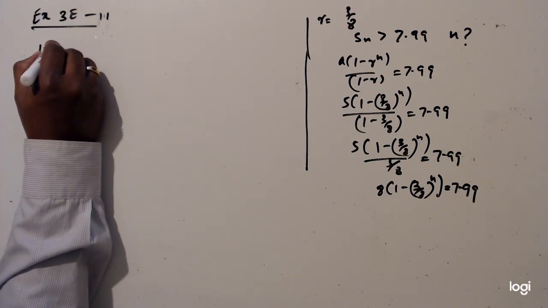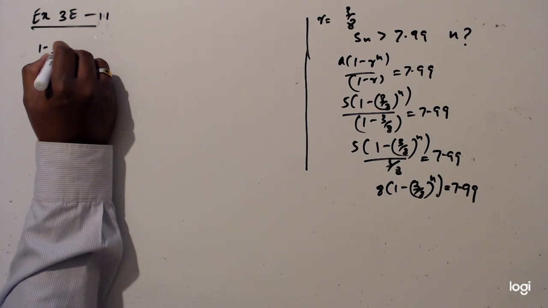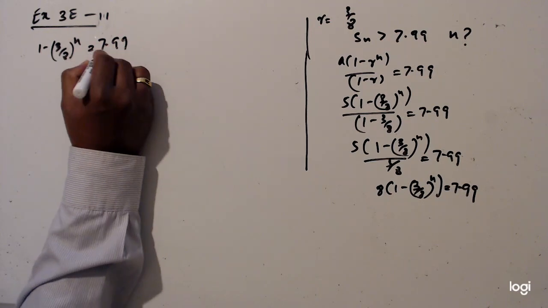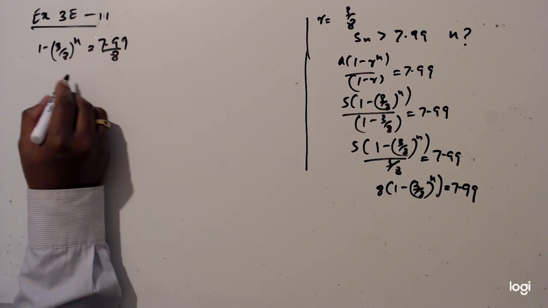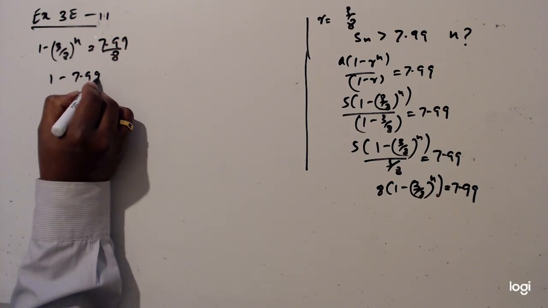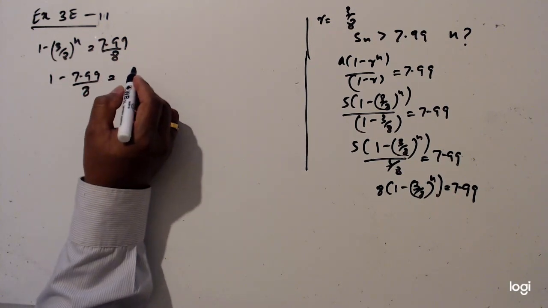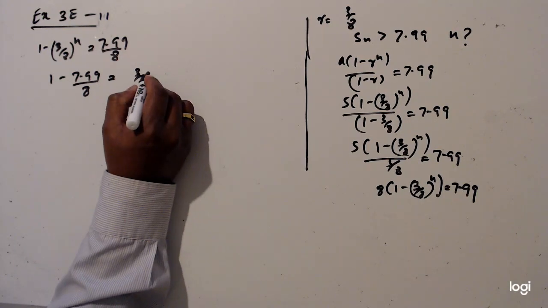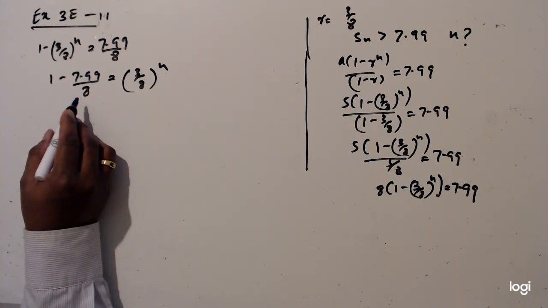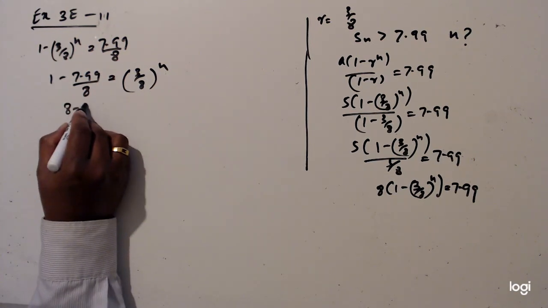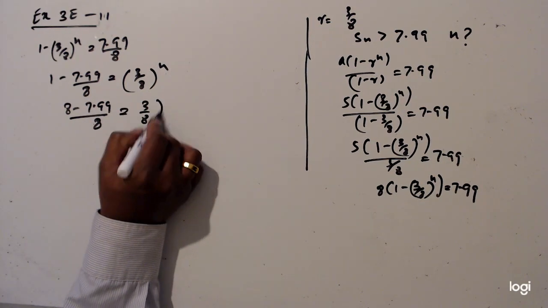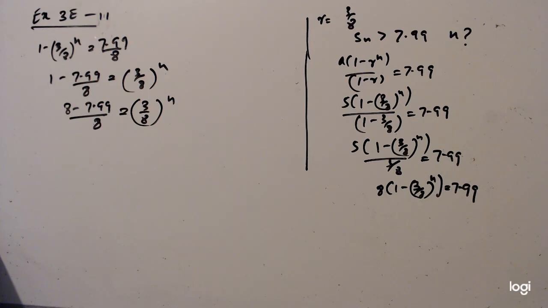So 1 minus (3 over 8)^n equals 7.99 divided by 8. So then 1 minus 7.99 over 8 equals (3 over 8)^n. So this is going to be 8 minus 7.99 over 8 equals (3 over 8)^n.